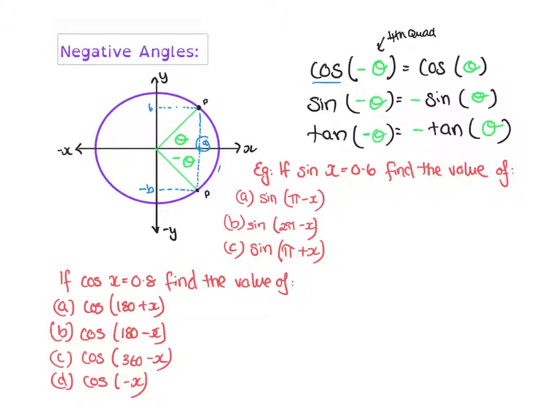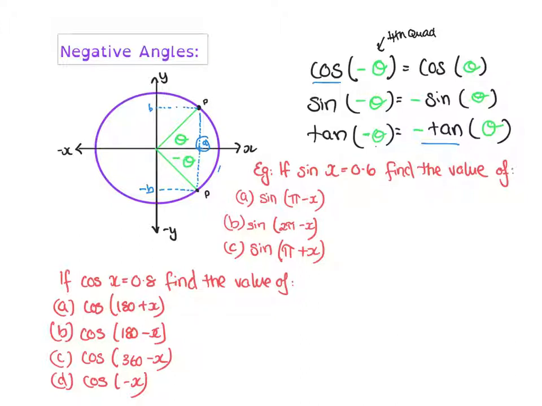If we go sine of minus theta, we'll be in the fourth quadrant still, but sine's negative. And if we go tan of minus theta, that puts us in the fourth quadrant, but we know tan's negative. So you can find out lots of values.